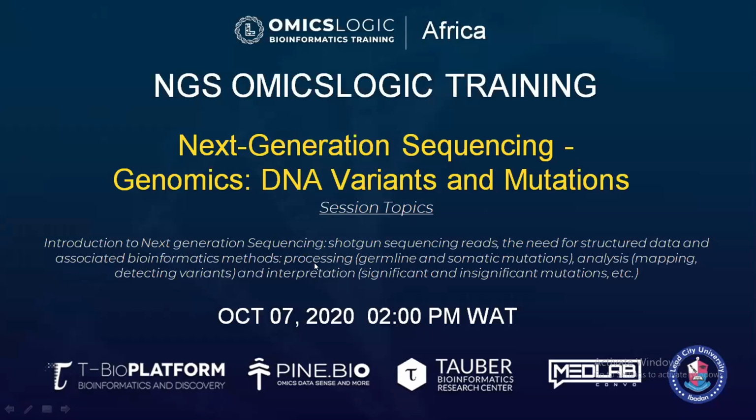Then we will cover the different processing steps to generate germline and somatic mutations, how we can perform various kinds of analysis like mapping or detecting variants, how we can interpret the significance of this genomics data, and how we can identify significant mutations that are present in a particular disease condition.